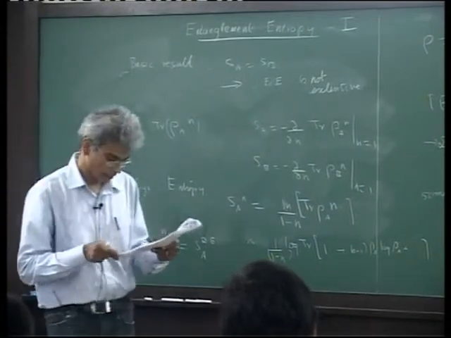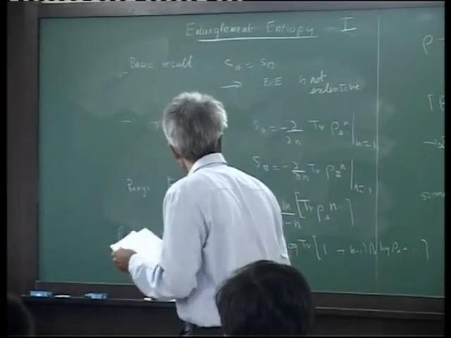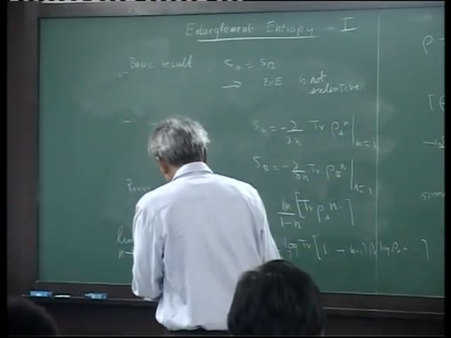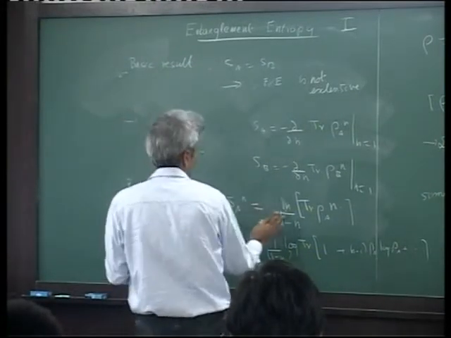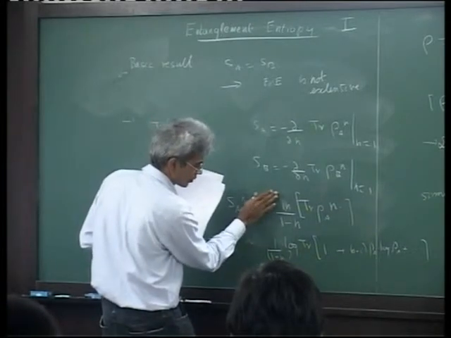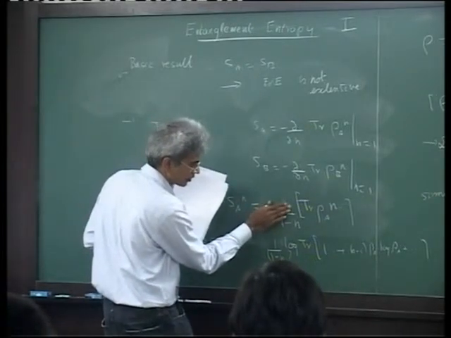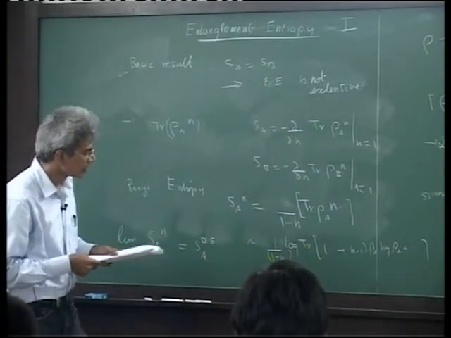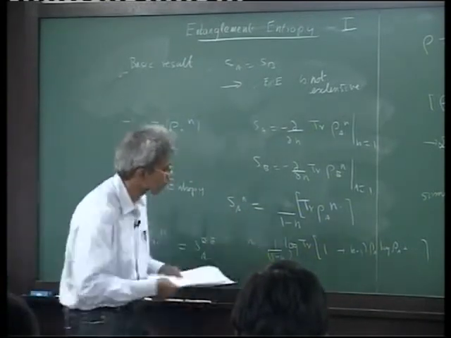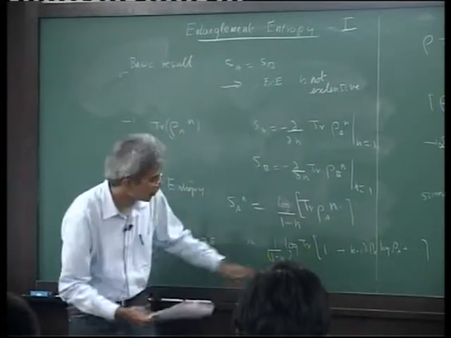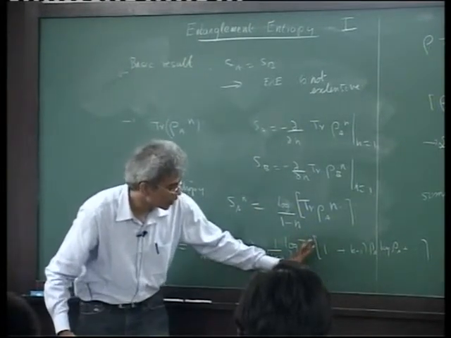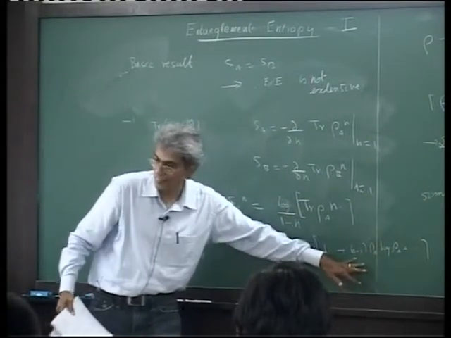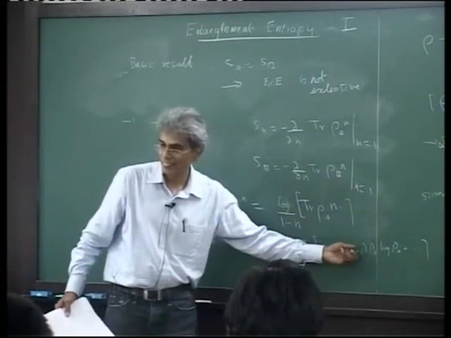Okay, so that's the Renyi entropy. I think there's a log, because if you take the log, this is like log of 1 plus x, and log of 1 plus x is x.